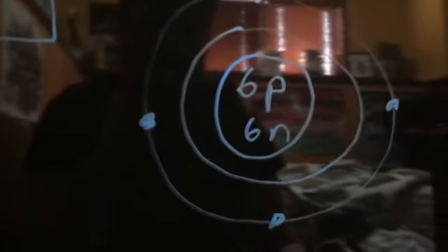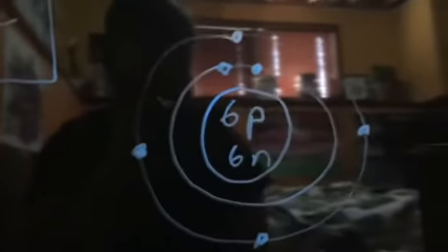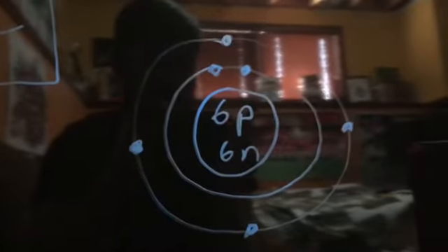So we can draw those 4 valence electrons in, like so. And then all of our shells that are inside of that are just going to be full. So carbon has only 1 shell left to fill in, and it can hold a maximum of 2 electrons. So we can just draw those in. And that's the Bohr diagram for carbon.